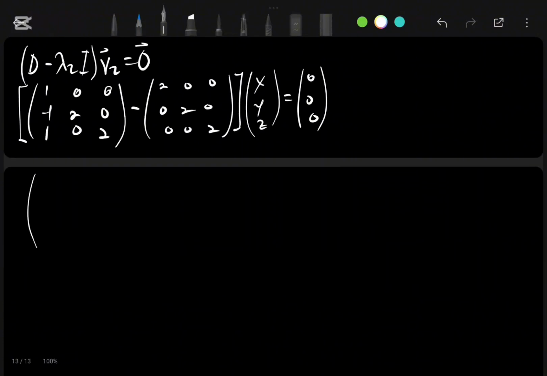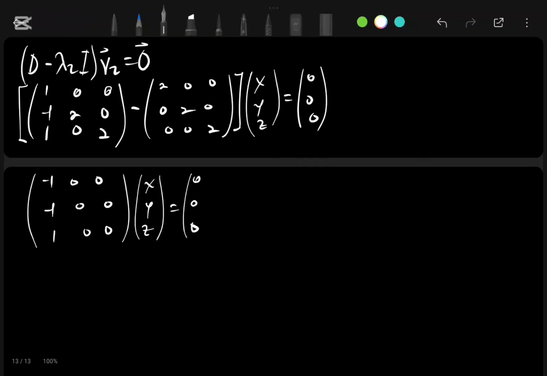So simplifying again, we have -1, 1, 0, -1, 0, 0, and 1, 0, 0, times x, y, and z equals 0, 0, 0. So we see that whatever we do, we'll get x to be equal to 0.